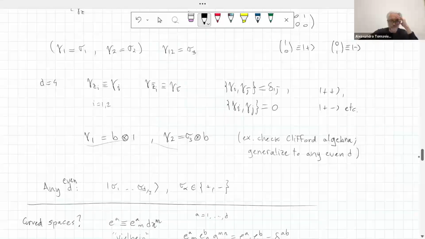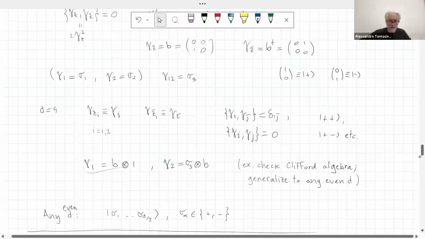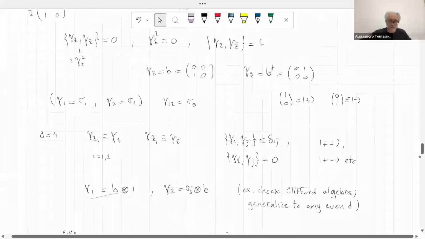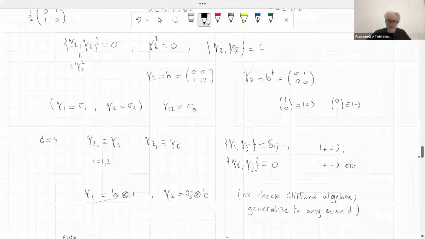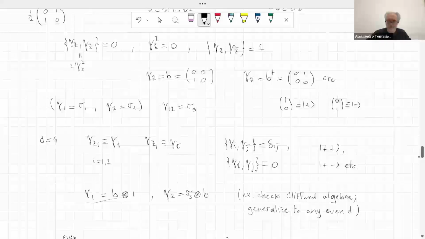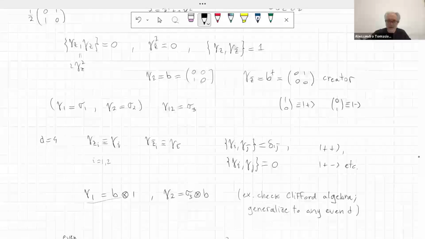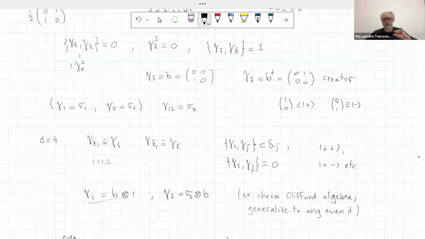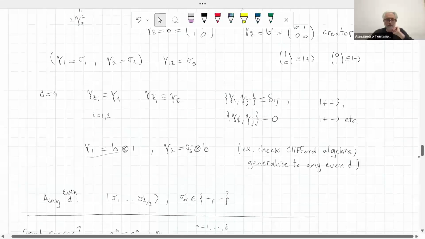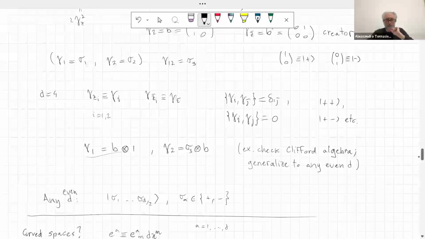I remind you, it was not that long ago, there's this formula here. So gamma 1 is the creator in the first entry, and this B would be the annihilator. So the gamma 1 bar would be B dagger, the creator, tensor the identity, so it takes a minus into a plus on the first entry, and the gamma 2 bar does the same, except it also has this sigma 3.